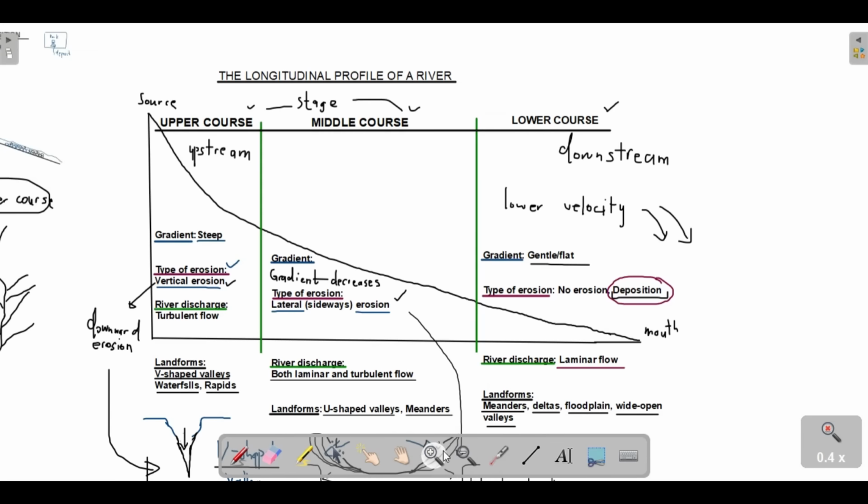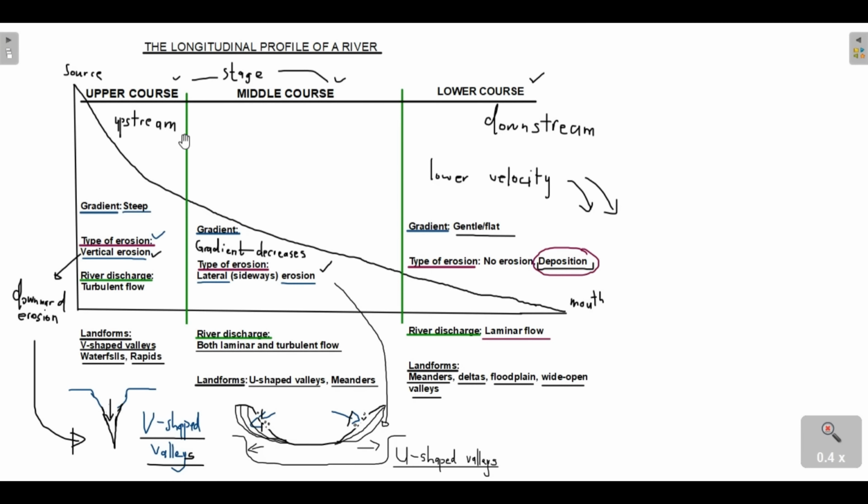So you should be able to annotate the longitudinal profile of a river on your own from the start to the end. Okay, all the characteristics of each course, each stage, the types of erosion that you will find, the river discharge, the types of landforms associated.